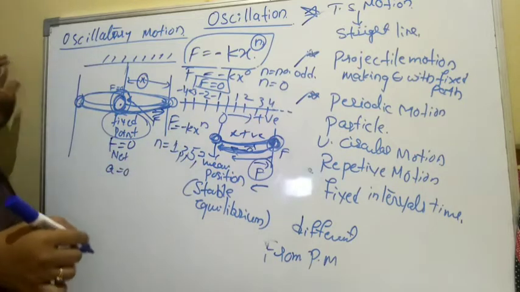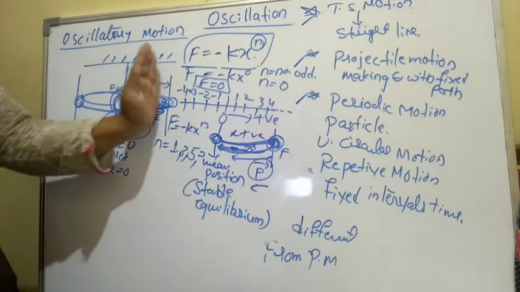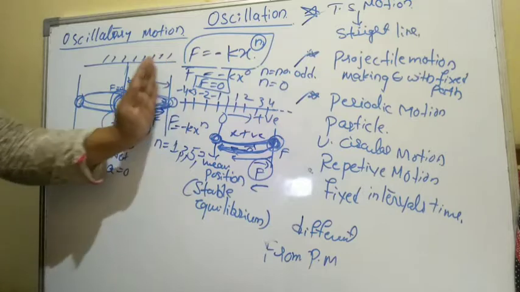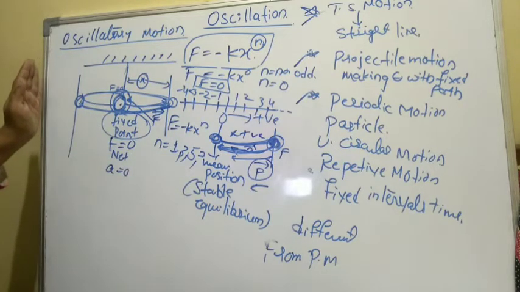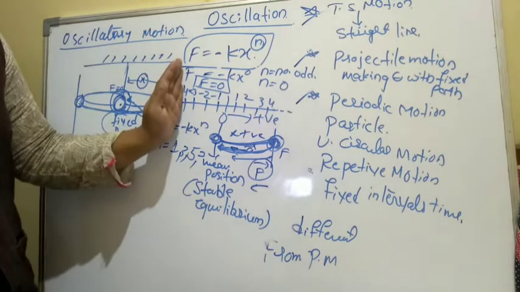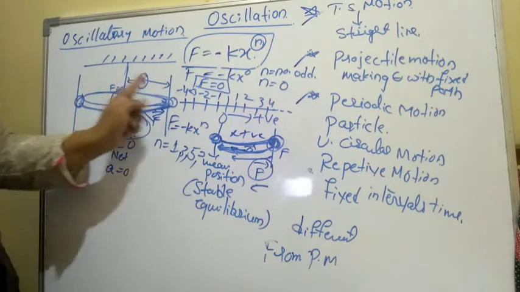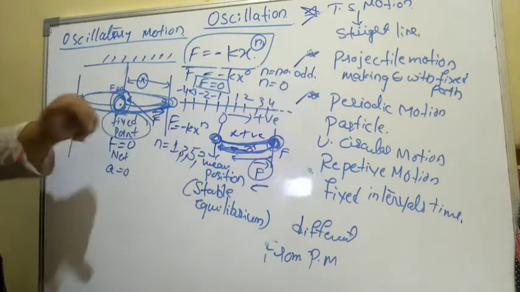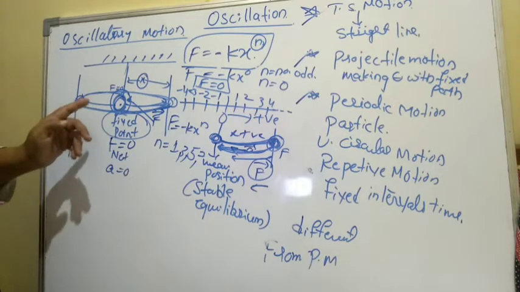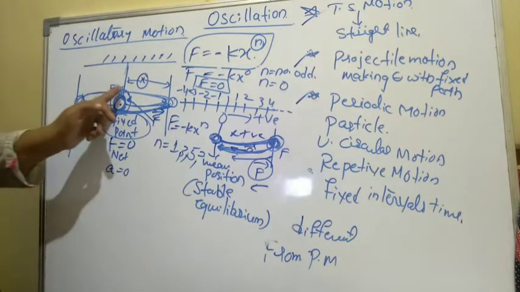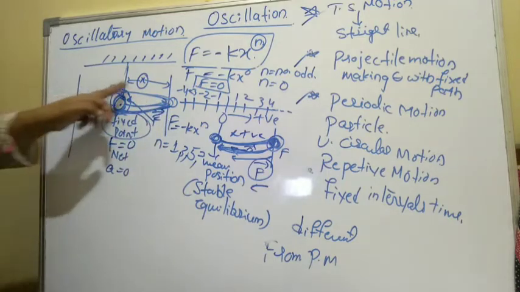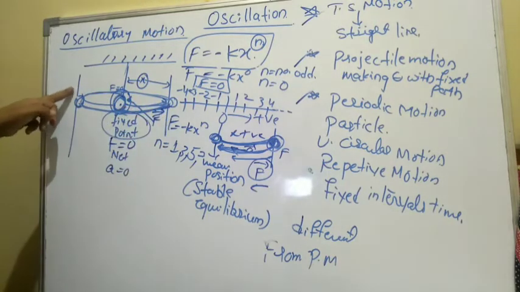Why odd? It moves to one side, and the second time it moves to the next extreme position, and the third time it is coming back. Means 1, 3, 5, 7. So how can we cross-check here? It will come odd only. 1, 2, 3, 4, 5, 6, 7.